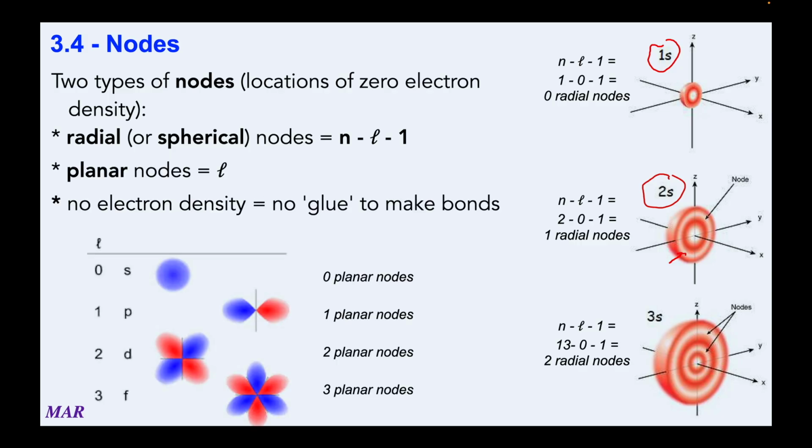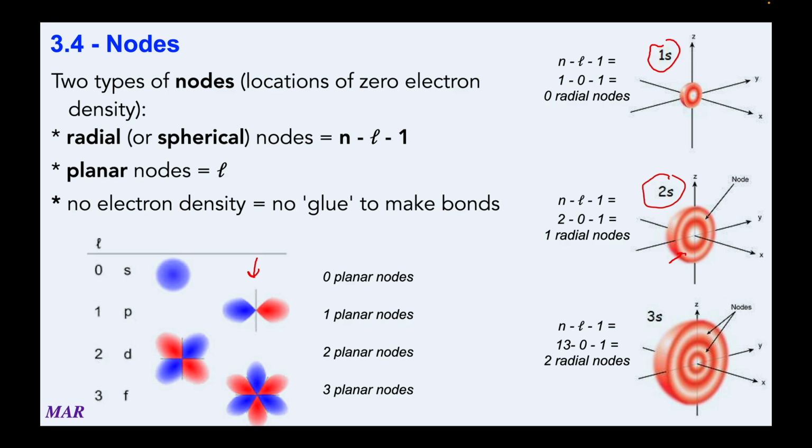Now, another kind of node is called a planar node, and a planar node is like a sheet of glass that separates the different parts of the orbital, and the number of planar nodes just equals L. So for an s orbital, there are no planar nodes, but when you get to p, which is L equals 1, you're going to have one planar node. This is one of those figure eights I talked about, and this shows the node.